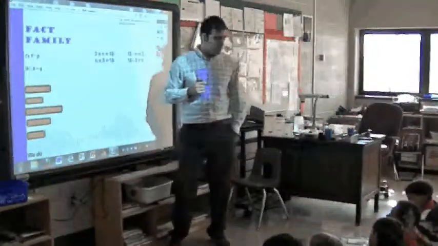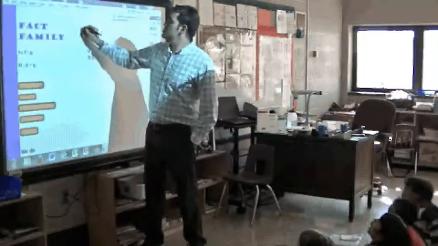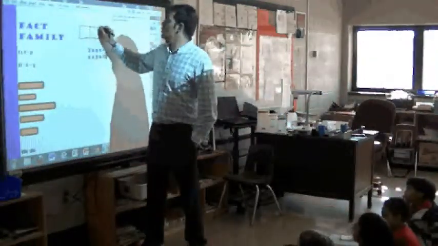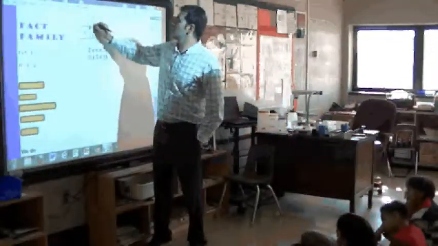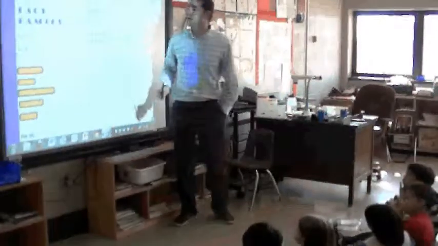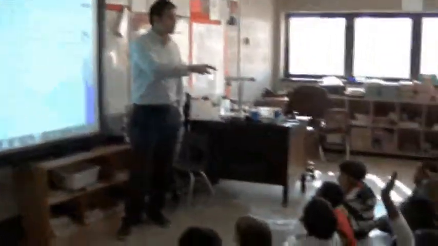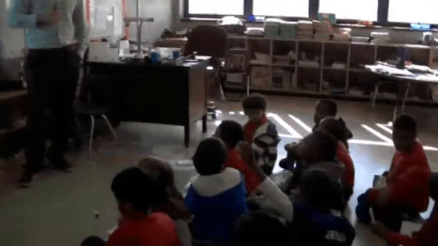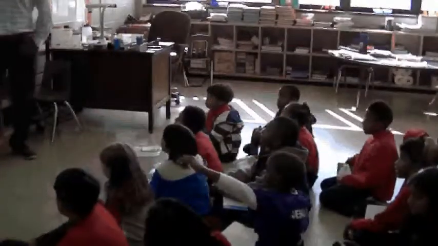Because there will be 3 groups with 5 in each group. If I do 3 groups of n, and the whole number will be 15, how can I solve this? I can use several strategies. Give me one strategy. Divide 15 divided by 3 with the 2 numbers that you have. Okay, and what else?